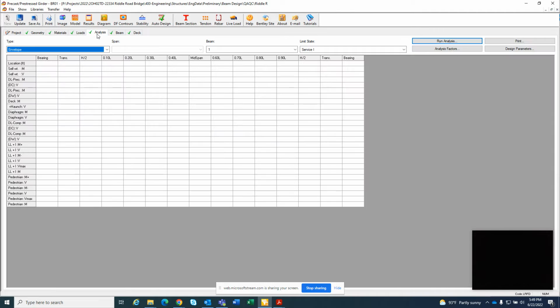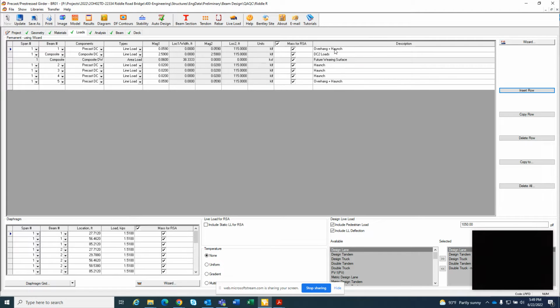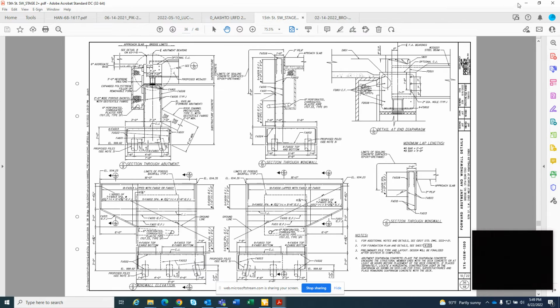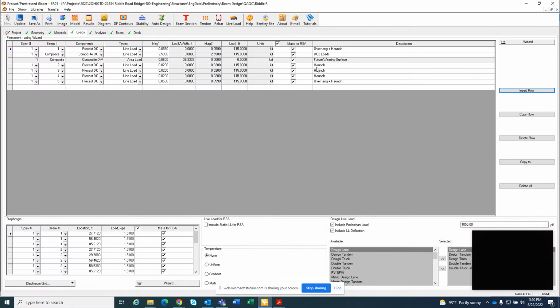So all you have to do in the loads here is give the overhang as camber, and then the DC2 load would include everything related to the sidewalk and railing, and bridge railing. Then you put the future wearing surface, which is 60 pounds per square foot, and do the same thing for all the beams.